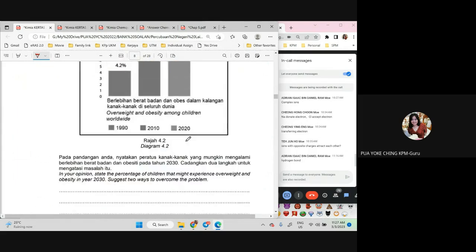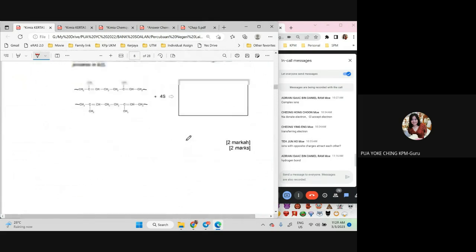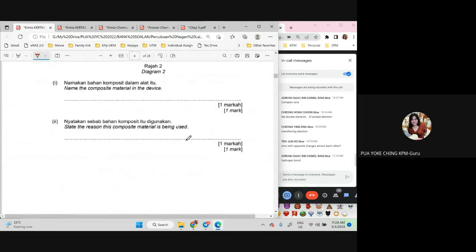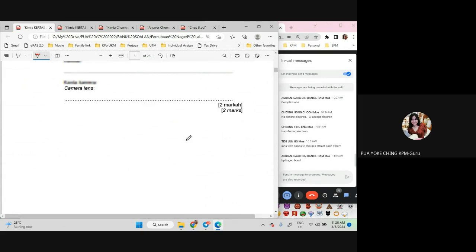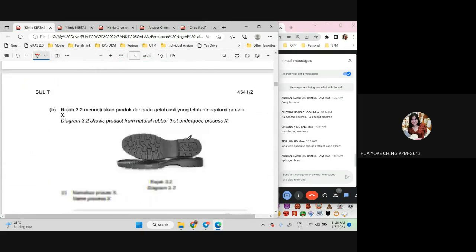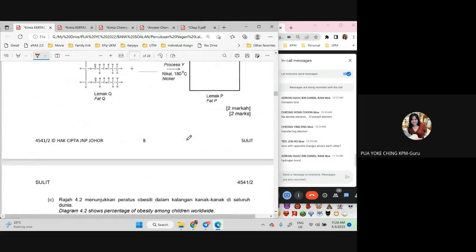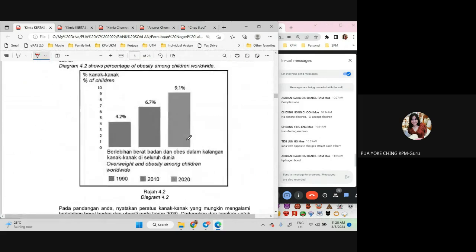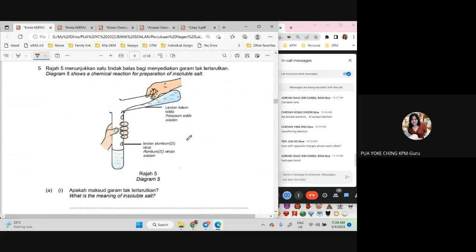This is garam tak terlarut kan? Okay. We check on page 5.